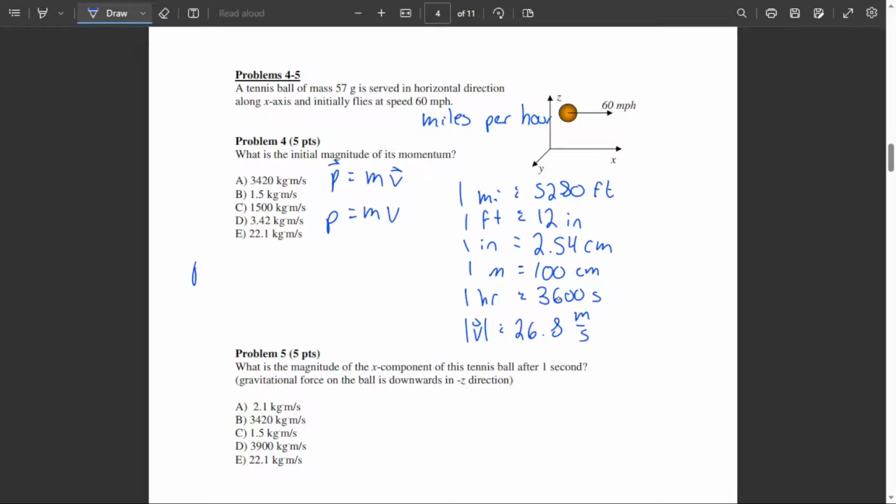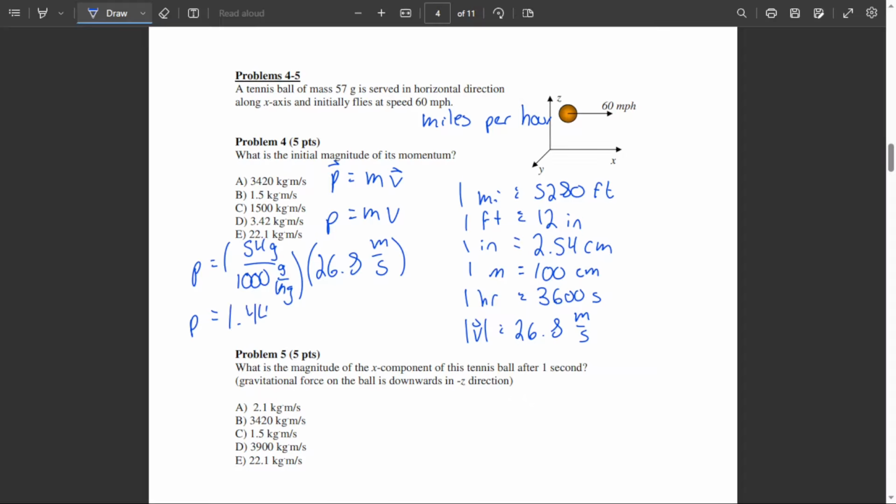So then, our momentum is equal to 54 grams over 1,000 grams per kilogram times 26.8 meters per second, which then gives us 1.44 kilogram meters per second. So, our answer is approximately B, 1.5.